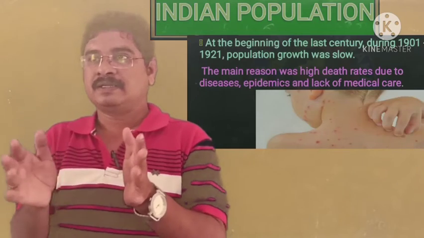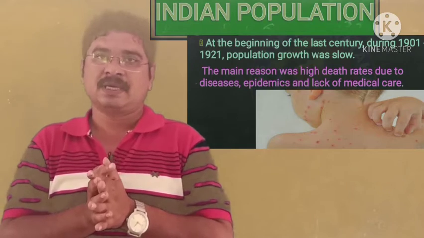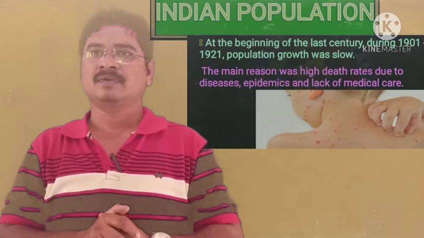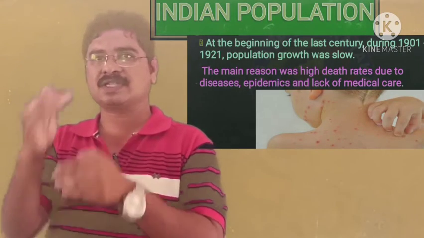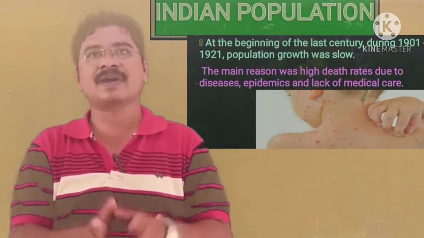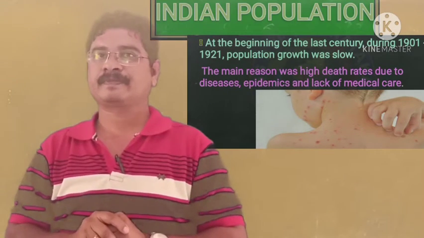At the beginning of the last century, during 1901 to 1921, this 20 years time, the population growth was very slow. Why? What were the reasons the population growth was slow?